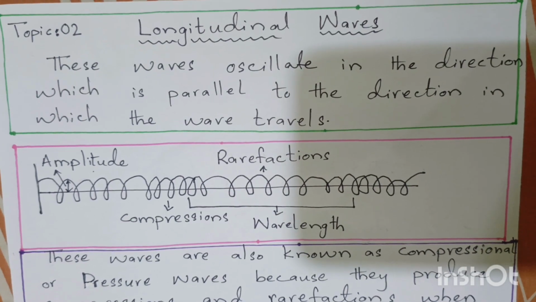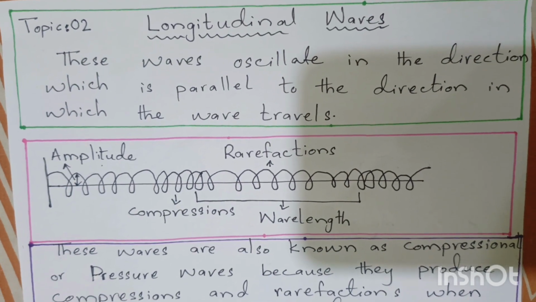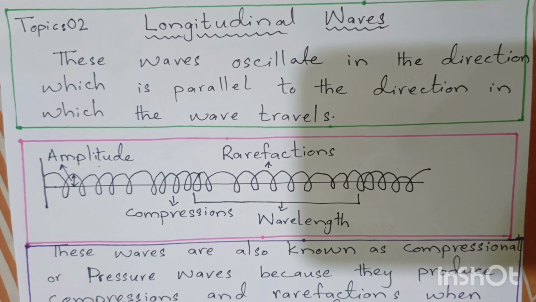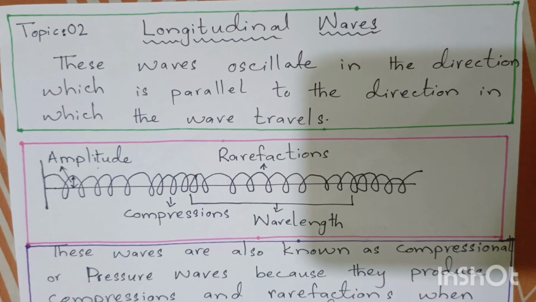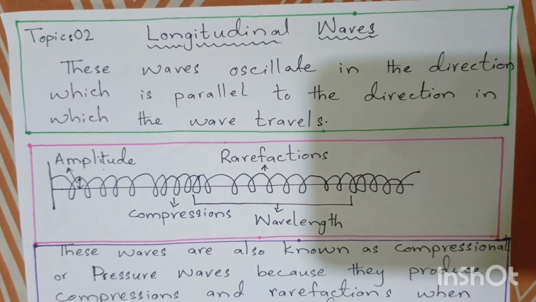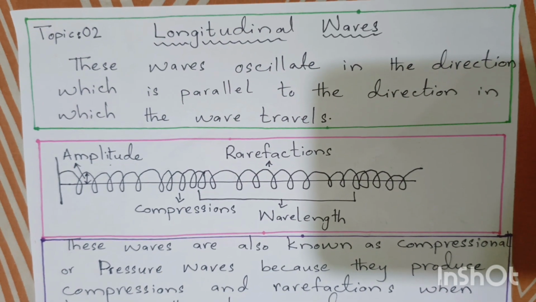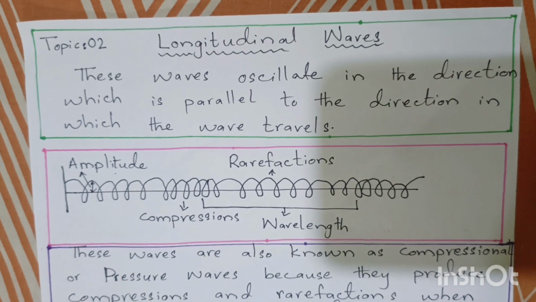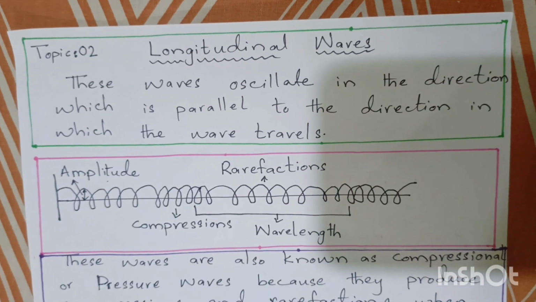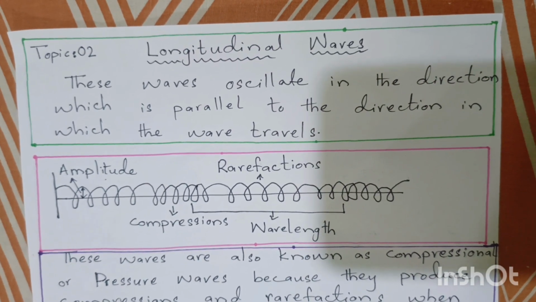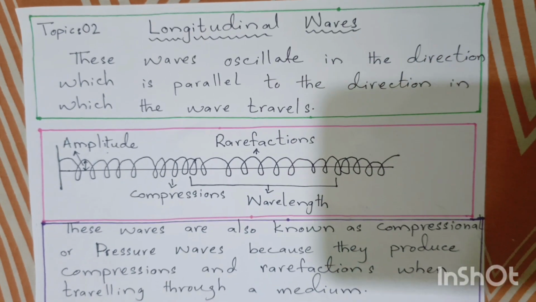Straight is similar to the word parallel. In this way, wherever you hear the word longitudinal waves, it must click in your mind that the waves are parallel, and parallel to what? Parallel to the direction of propagation.